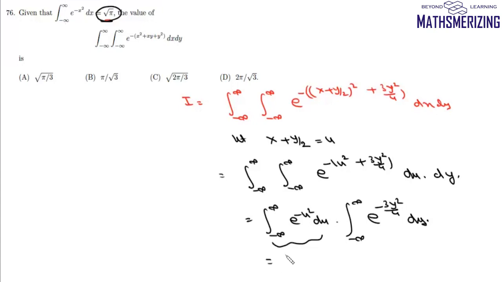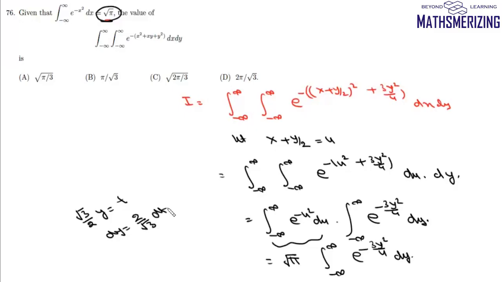So we can write this as under root pi, and then this integral, from minus infinity to plus infinity e to the power minus 3 y square upon 4 dy. Now what we'll do is, we'll replace root 3 by 2 y with some variable t. So we can write this as dy equals 2 upon root 3 dt.